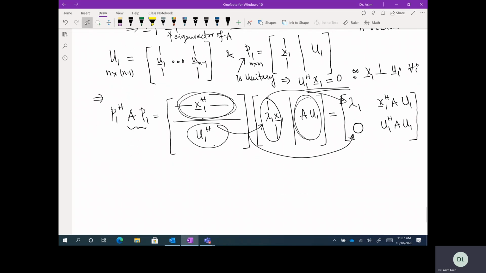Okay, so if A equals A Hermitian, this implies P1H A P1 is also Hermitian. Is also, because if I take the Hermitian of this product, this will be P1H into AH into P1, but A is equal to AH, so this is also Hermitian.